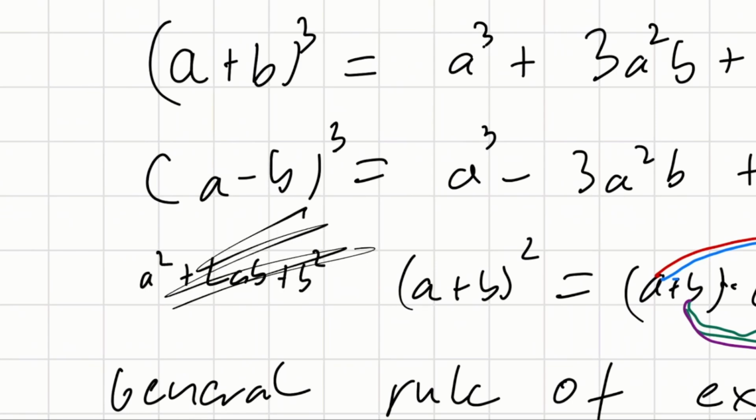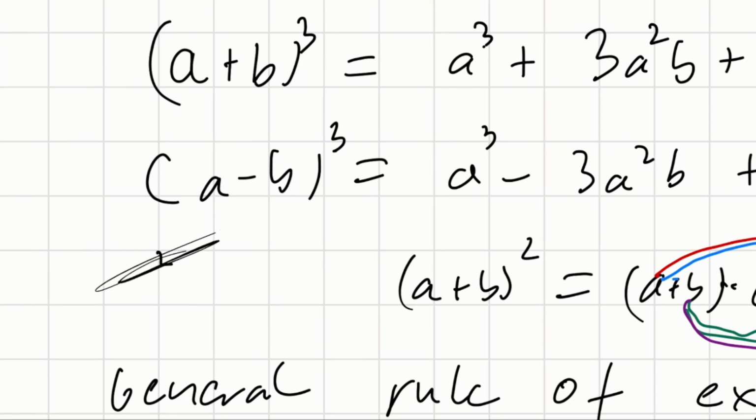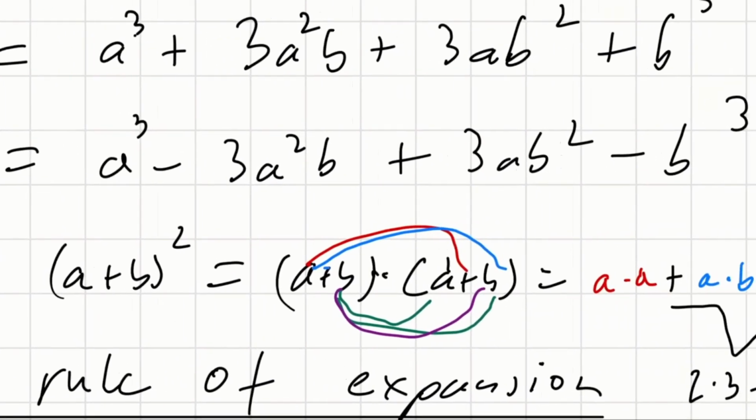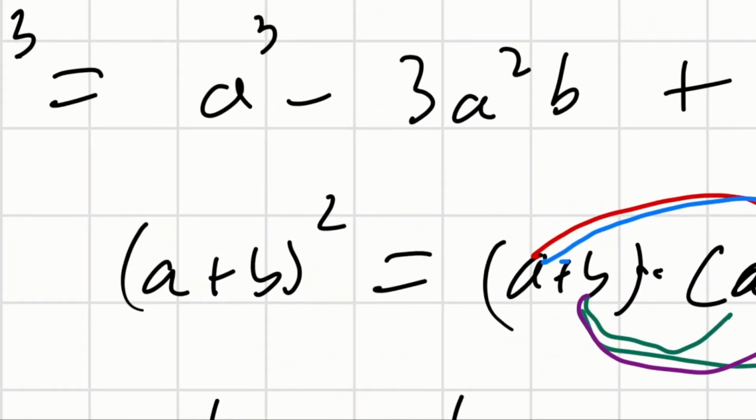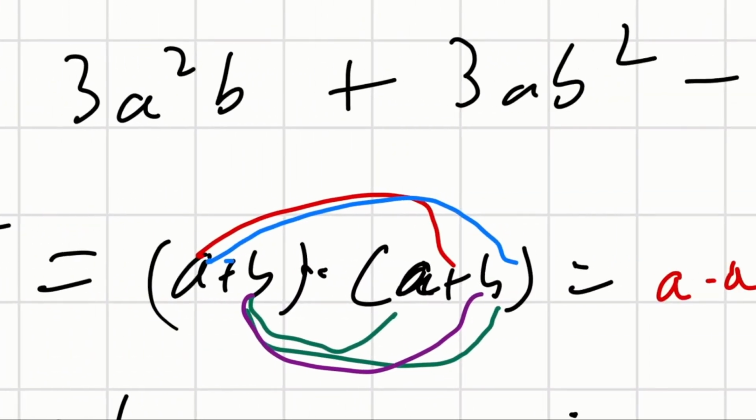Okay, so a plus b squared. You can simplify this. I hope this is standard knowledge. I'm sorry, this is a very ugly a. So a plus b squared is nothing else than a plus b times a plus b. Okay?